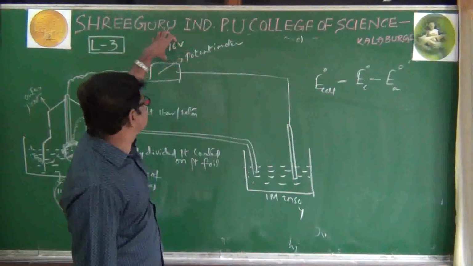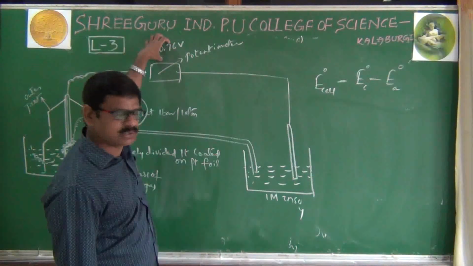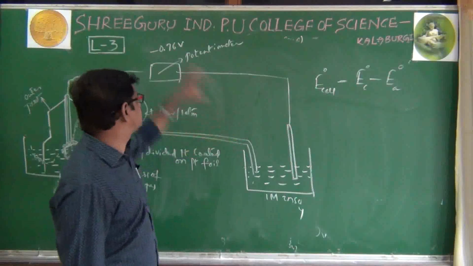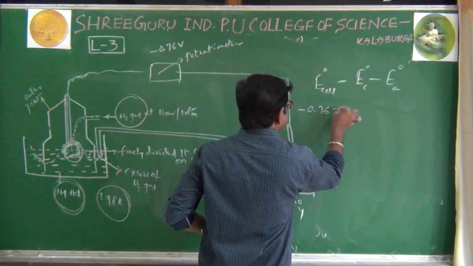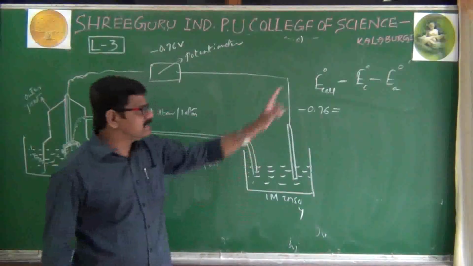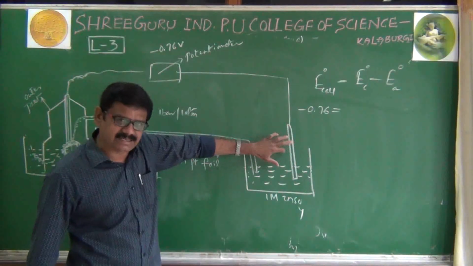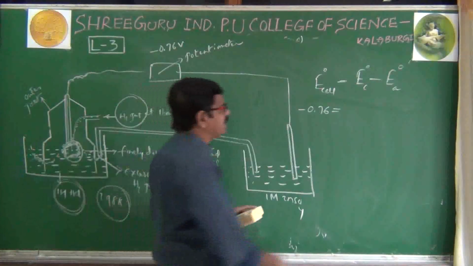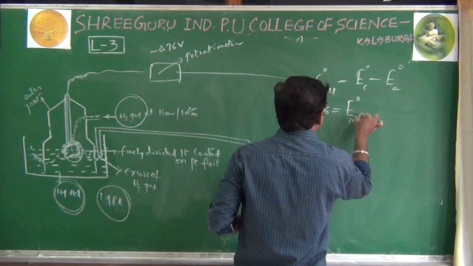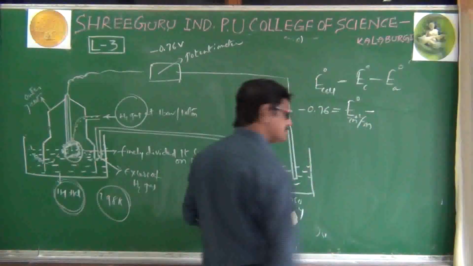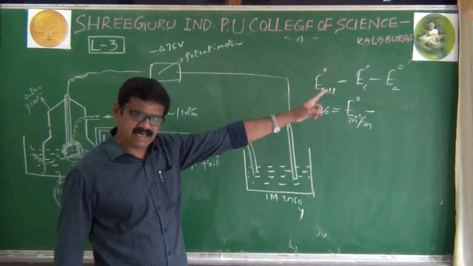How much cell potential is developed when both are connected to each other? Minus 0.76. That's why minus 0.76 equals E0 cathode. Which electrode is acting as cathode? The zinc electrode, so E0 Zn2+/Zn. Which electrode is acting as anode?